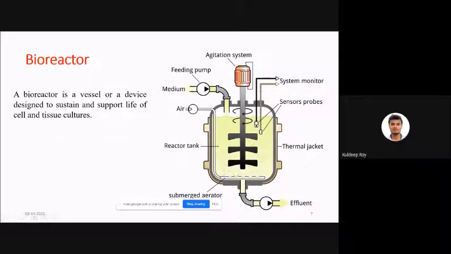So now here you can see the liquid you have added, fluid mechanics comes. Now heat transfer, you are increasing the temperature. And the agitation increases the mass transfer. Now the mass transfer comes into the picture.